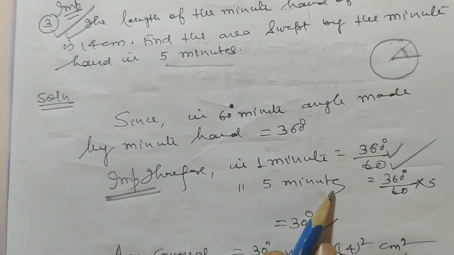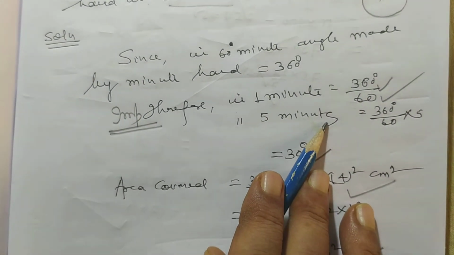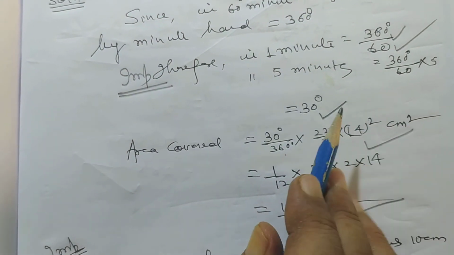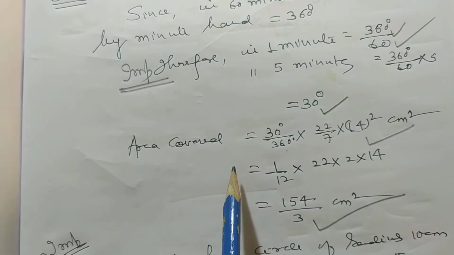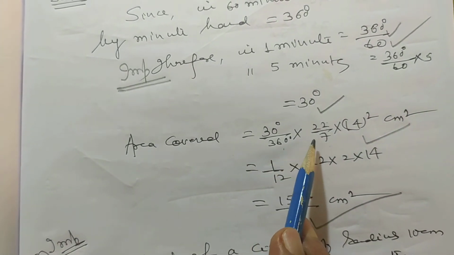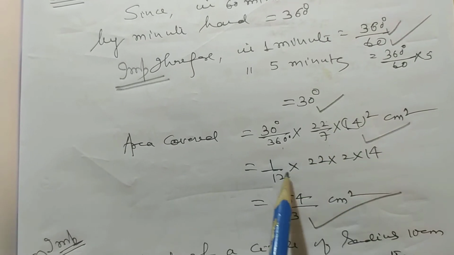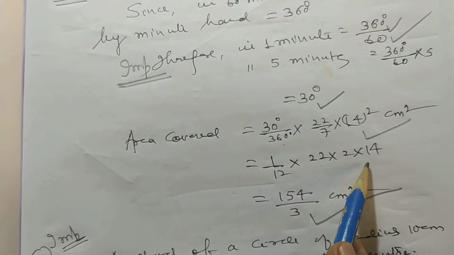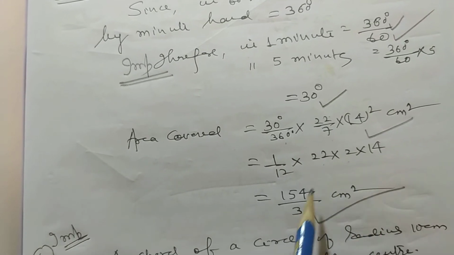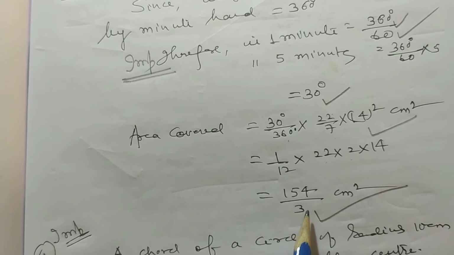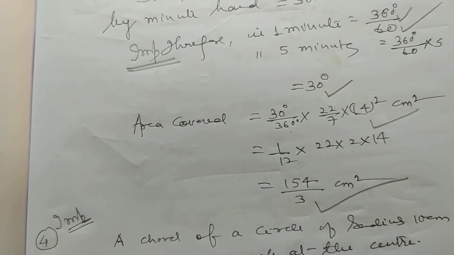So, in 5 minutes, the angle subtended by the minute hand at the center is 360 by 60 into 5, that is 30 degree. Area covered is equal to 30 by 360 degree into pi into r square. So 1 by 12, 22 by 7 into 14 into 14. So my dear student, now it will be 154 by 3 centimeter square after solving.